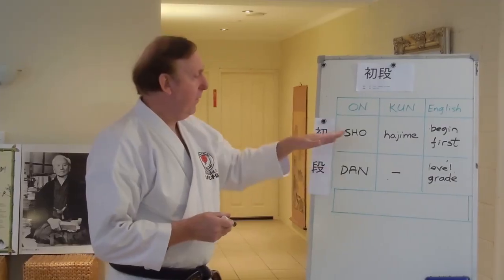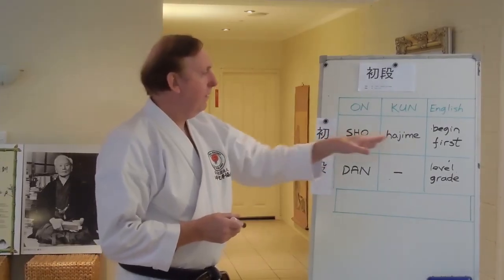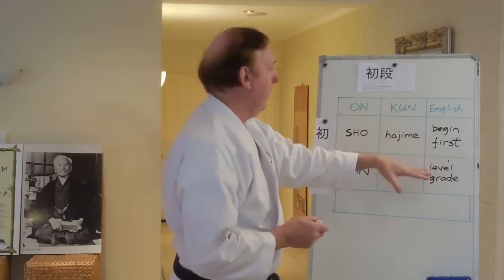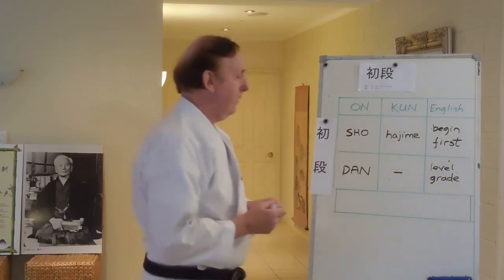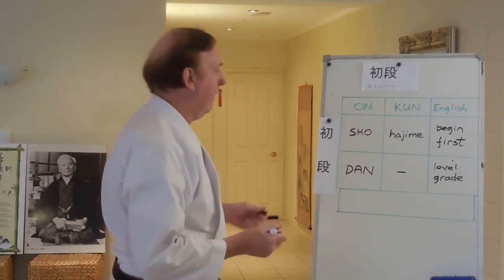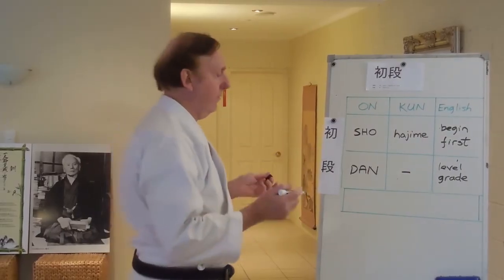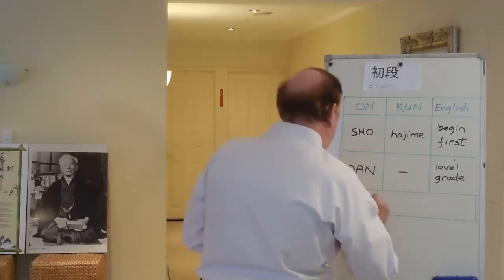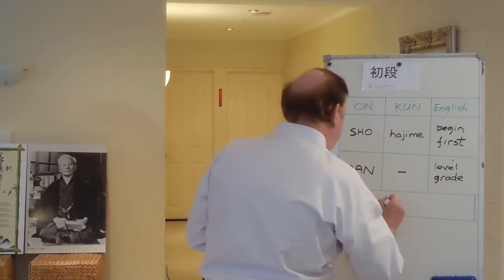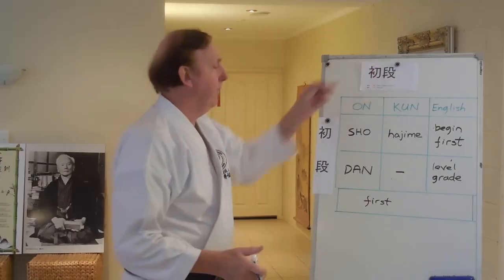But this is the primary principle. Shodan means hajime, beginning or first level, and grade. So obviously if you've got Heian Shodan, then Heian Shodan just means first kata of Heian.